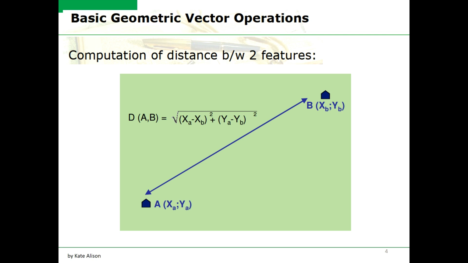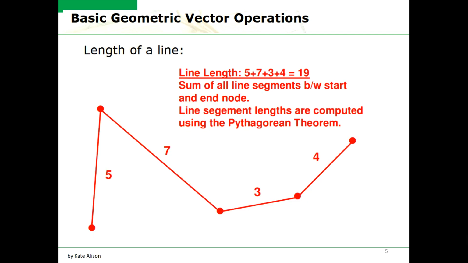This is perhaps the most common distance operation that is used in the GIS environment. This approach is usually behind the algorithm for computation of the length of a line that you could compute in GIS.